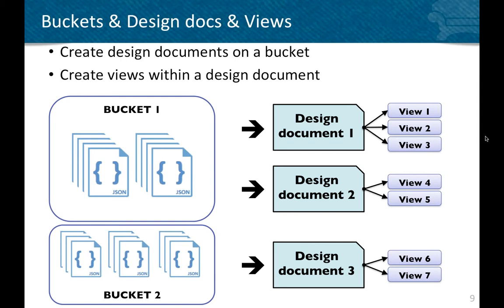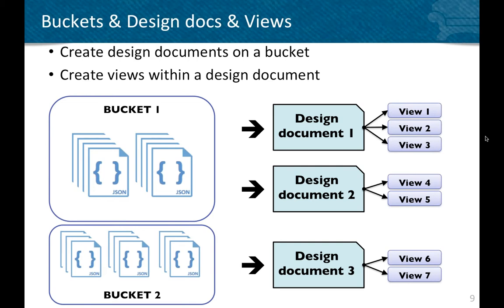Each bucket is a namespace, and typically a bucket is a unit of administrative preferences and quotas. With a bucket, you can set it to have a certain amount of RAM available, or you can set it to have different replica characteristics.